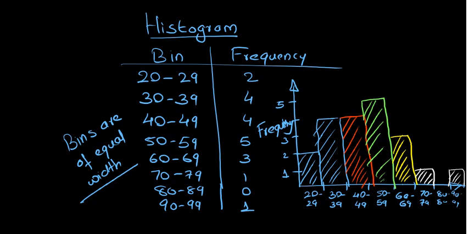It's very simple. The good thing about a histogram is that it gives you much more of a visual feel. You can see here how the distribution looks, at least qualitatively. It doesn't look like a typical normal distribution. It is somewhat skewed towards the left. It has that sort of a feeling.